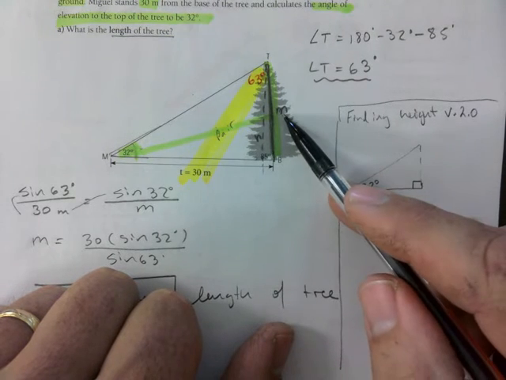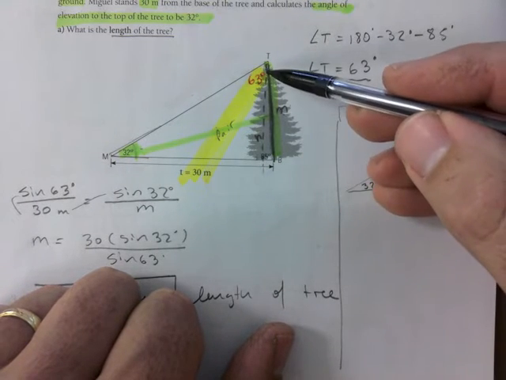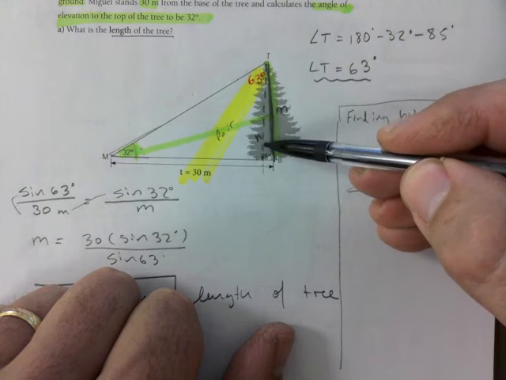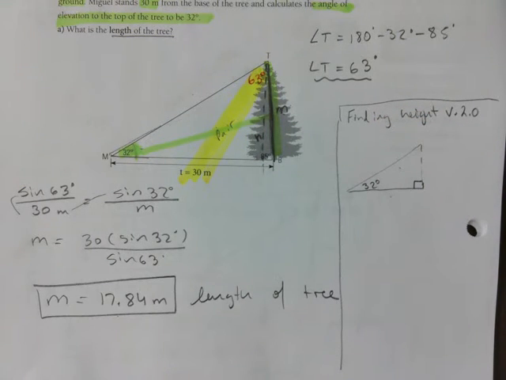This here? But that's not part of this triangle, right? Because we're cutting it right here. I didn't give you enough information.